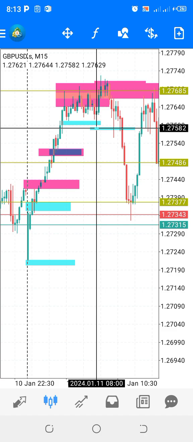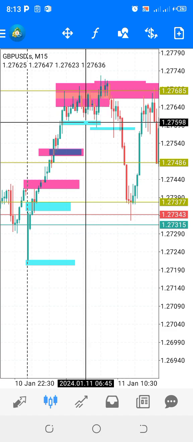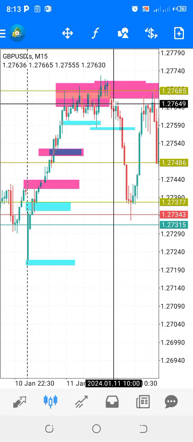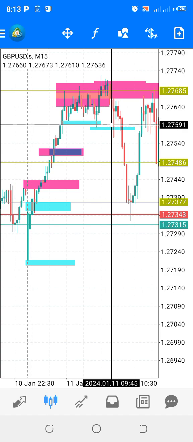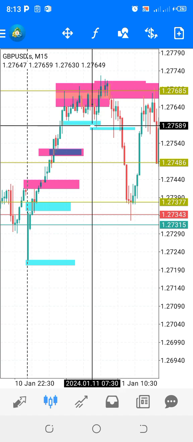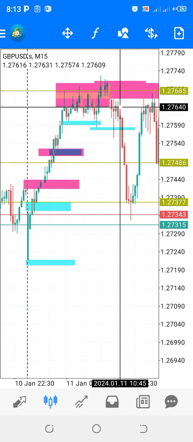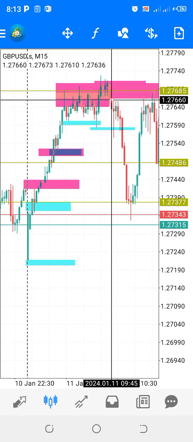It encountered it for the first time here, but there was already one earlier one here. So it encountered that for the first time, rejected it, came back again, encountered the two, rejected them, then again it remained in the correction. So this is called correction.